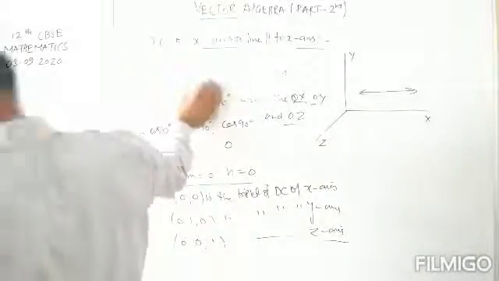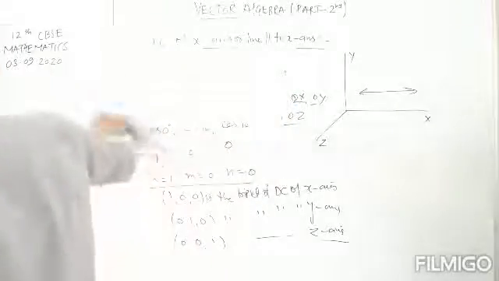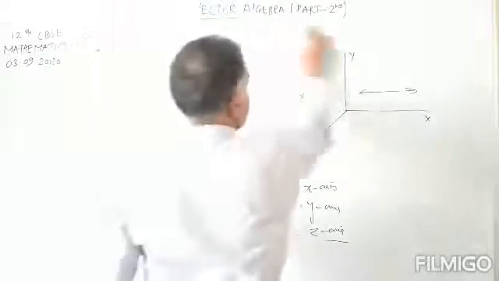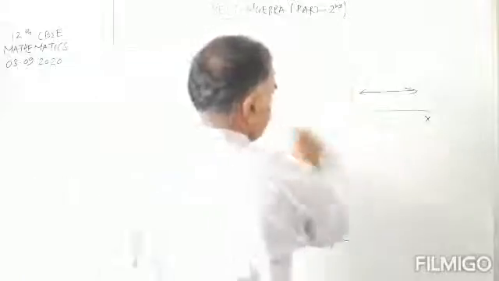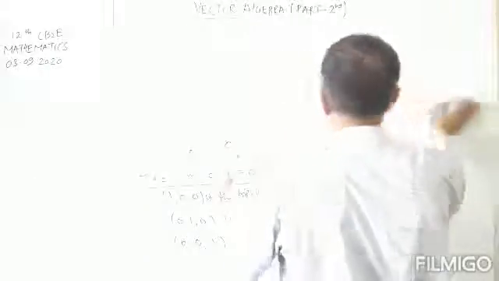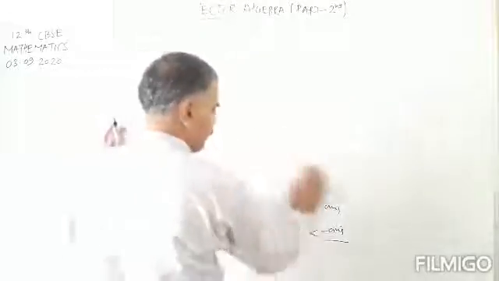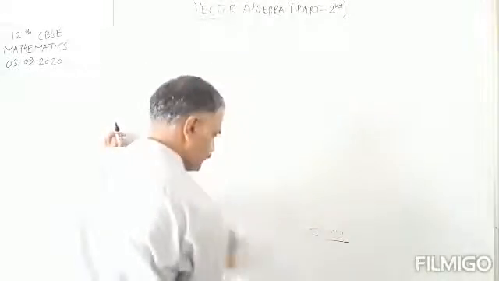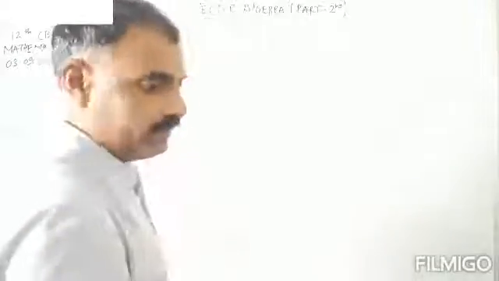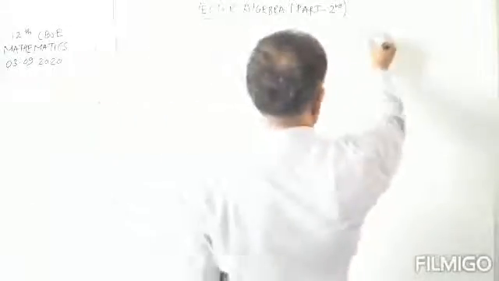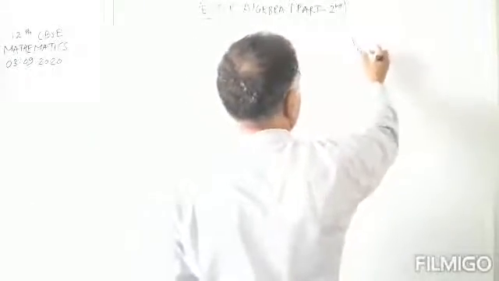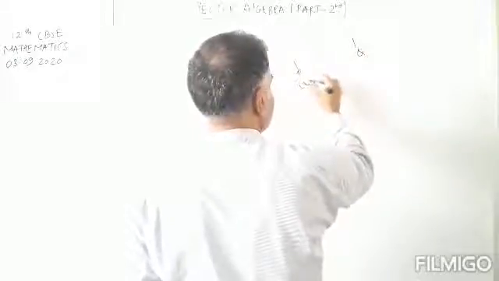Okay, now let us take the direction cosine of a line segment, having its endpoints. Let PQ be the line segment.